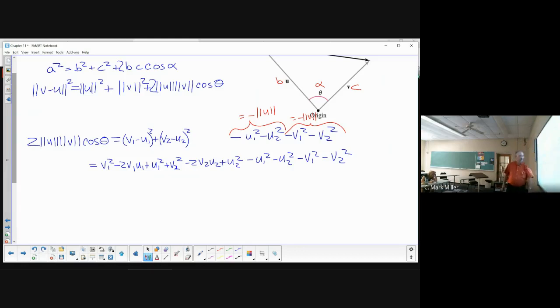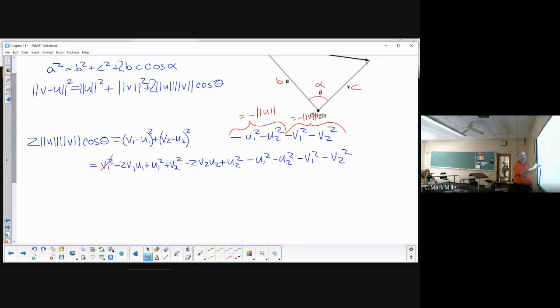Now we should have some cancel. So I have a v1 squared. I'm only proving it for two variables.